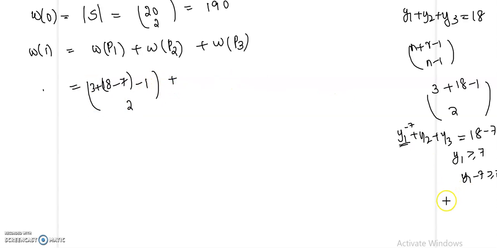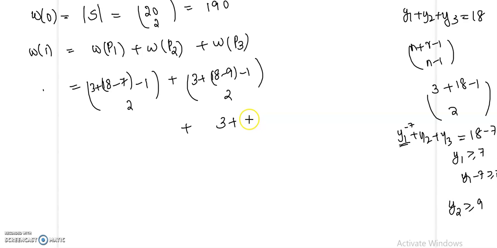Similarly for omega of P2, you have y2 greater than or equal to 9. So here 18 minus 9 comes, 3 plus 18 minus 9 minus 1 choose 2. The third property is y3 greater than or equal to 11, so 3 plus 18 minus 11 minus 1 choose 2.